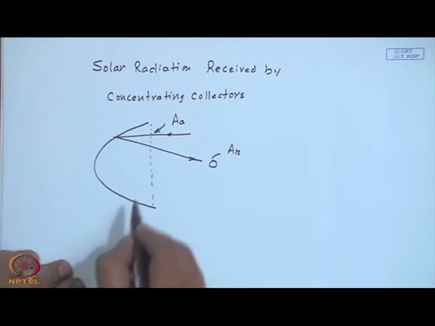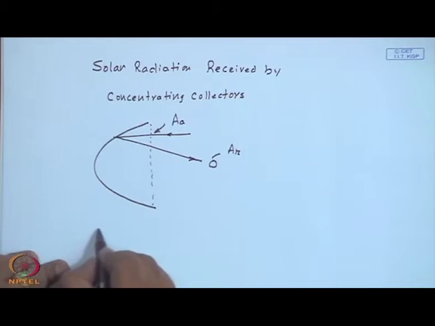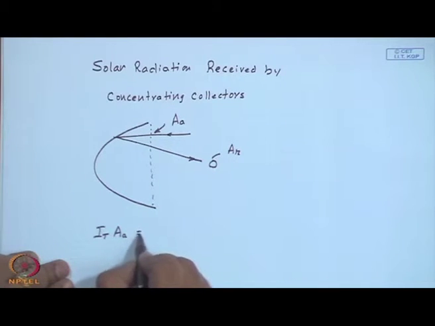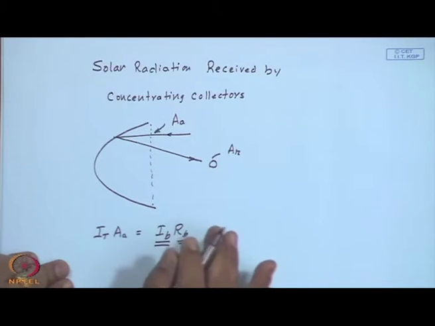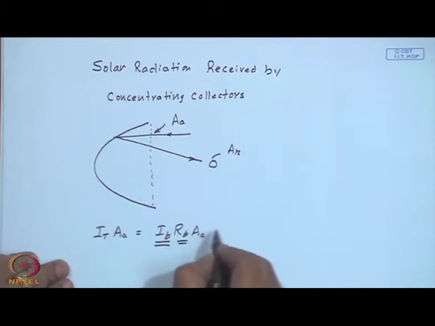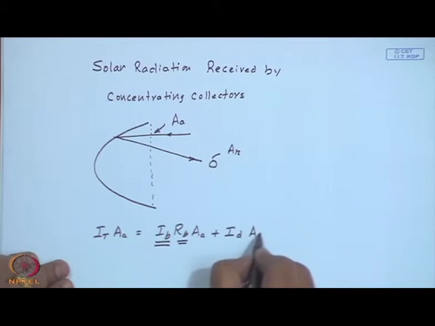So, per unit area of the aperture, if IT is the solar radiation received per meter square, multiplied by AA, is the total radiation received by the aperture, it should be equal to IB RB, whatever is the radiation in the horizontal plane, multiplied by the RB factor for the aperture which is being tracked, times AA, plus ID times AR.